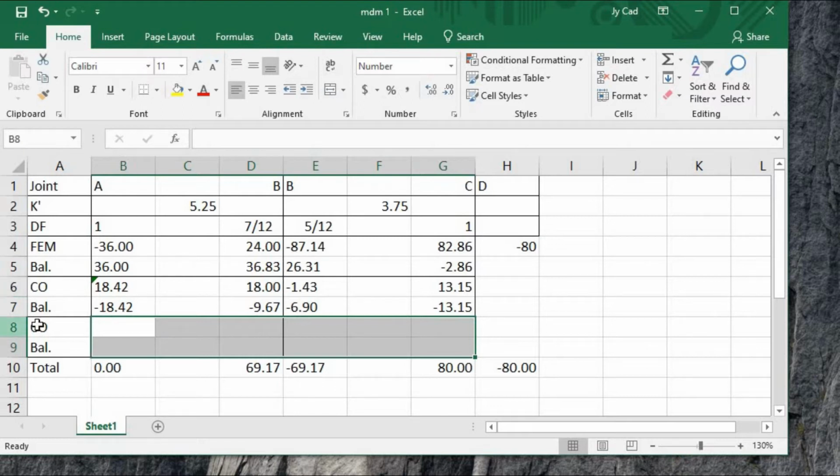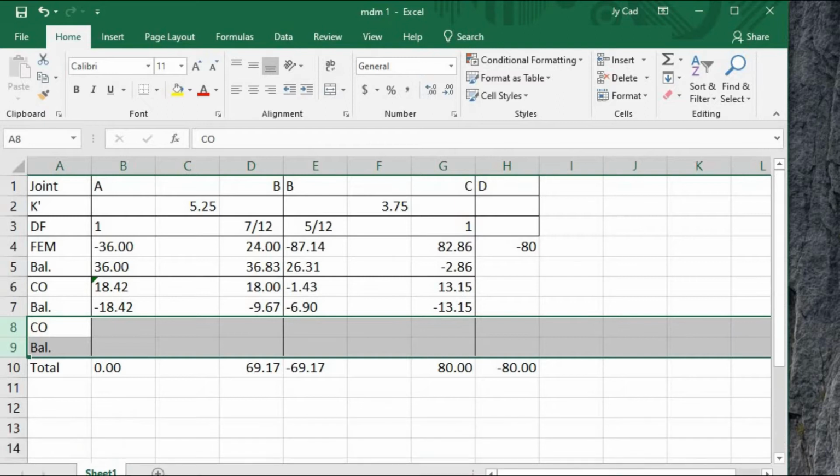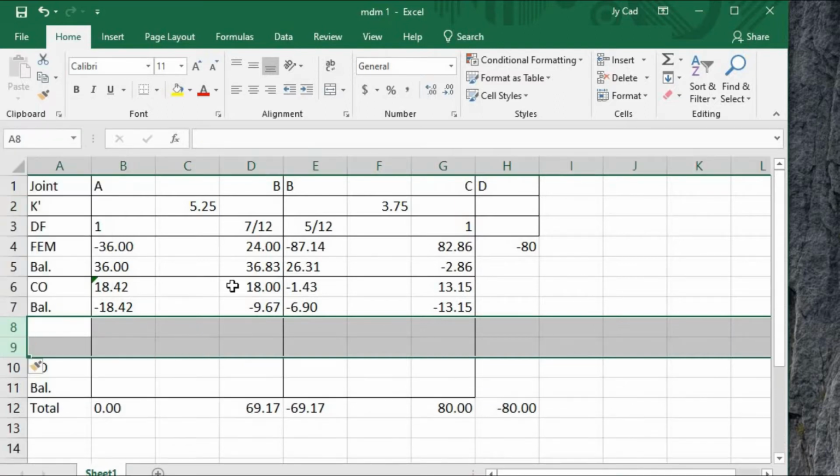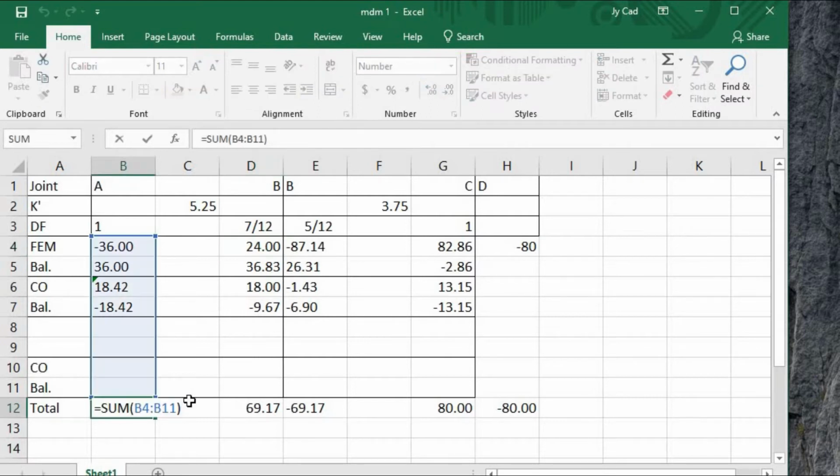And then, mag-insert tayo ng, let's say, 2 more cycles. So, we have first, second, third, 4 cycles, ano? And then, yung ilalim, total. Tapos, still, that is the total.